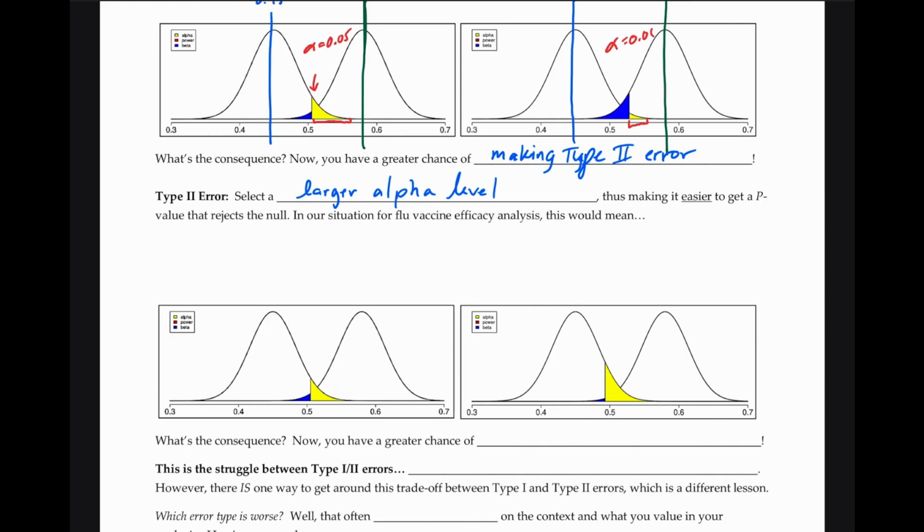In other words, this makes it easier for us to get a p-value that does reject. So in our situation, what would that mean? For a flu vaccine, what if we made a larger alpha level? What does that mean we're doing there?